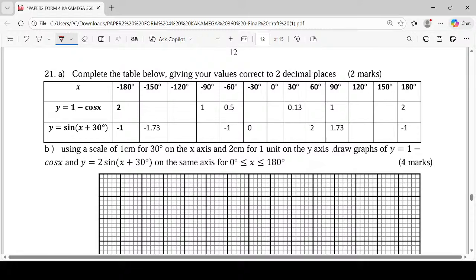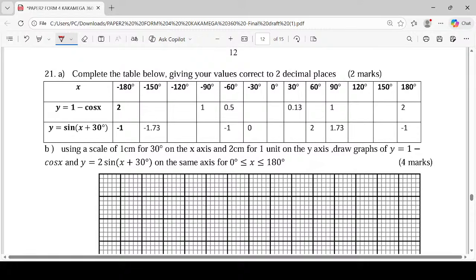Complete the table below and make sure your values are correct to 2dp using a scale. So how do we complete the table? Before you complete the table, ladies and gentlemen, we have to confirm how they got these values.